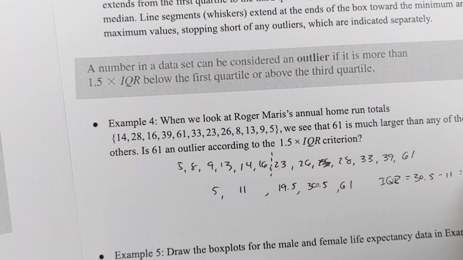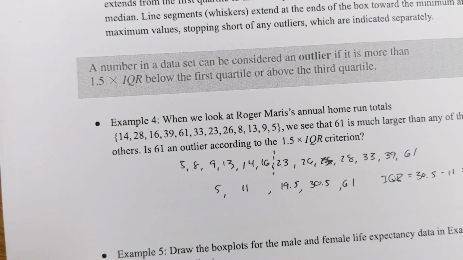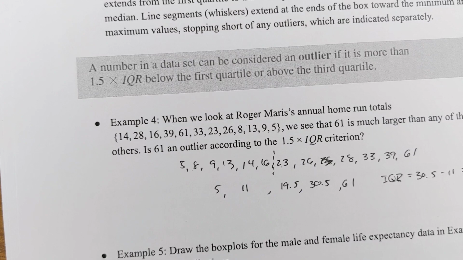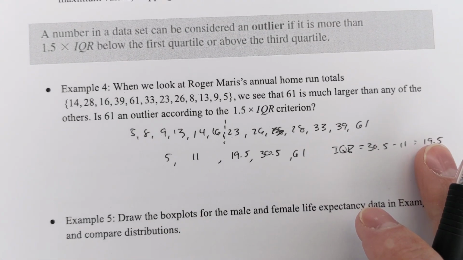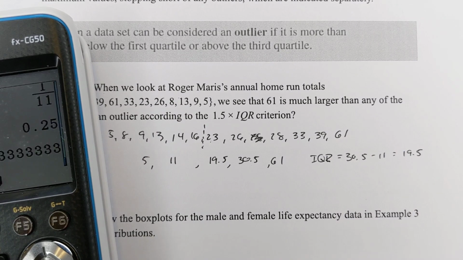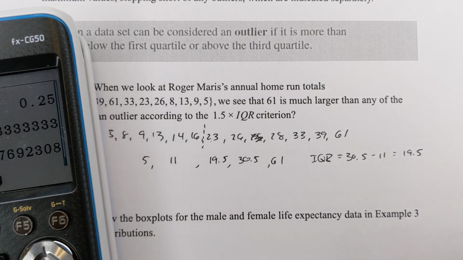So an outlier at the top is the Q3 value plus 1.5 times this. So if I take Q3, that's 30.5 plus 1.5 times 19.5.